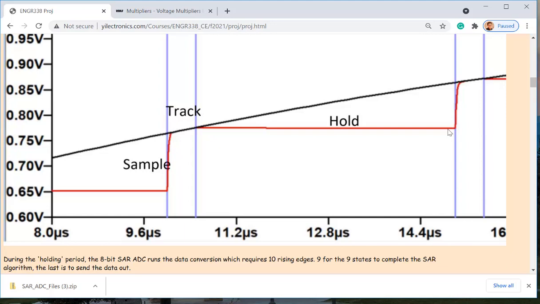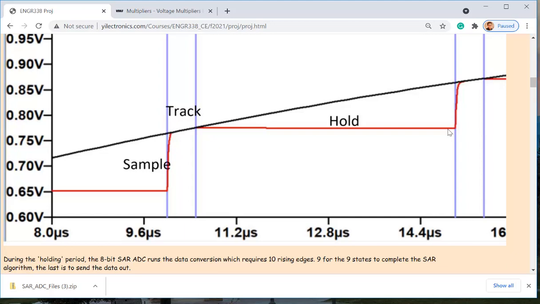Remember? How many states, how many cycles do you need? Yeah, n plus 1. For 3-bit, which you did on your homework, how many states did you draw there to complete the whole conversion? 4. For 4-bit, which you did in your midterm exam, how many states do you need? 5.